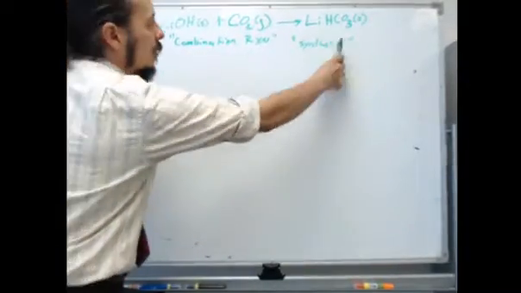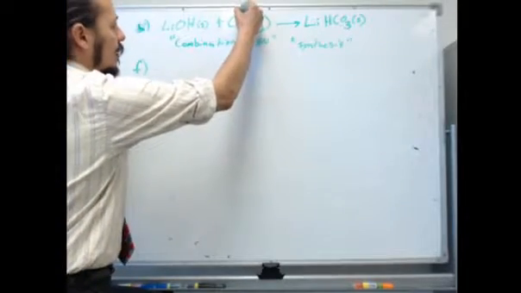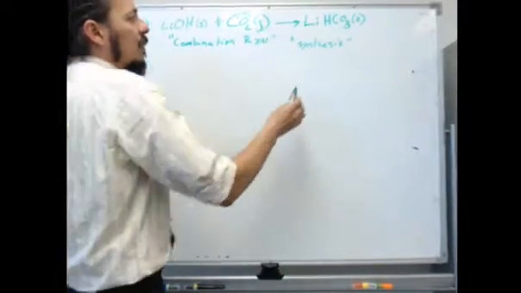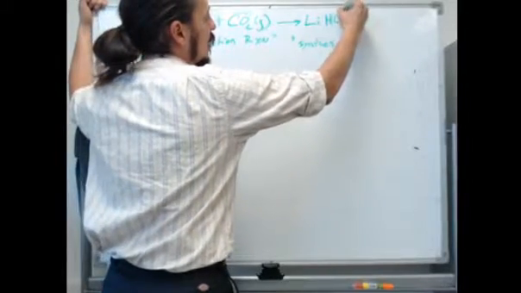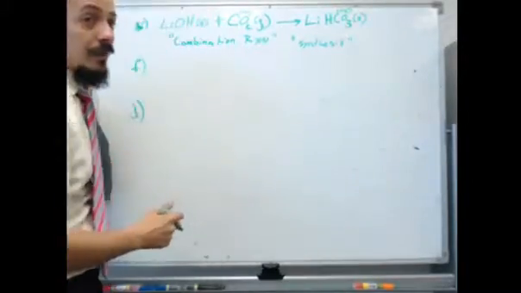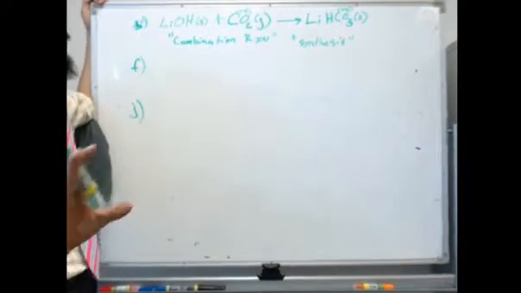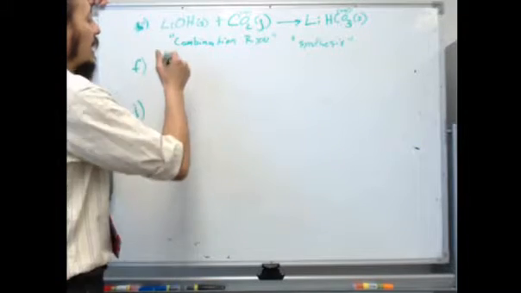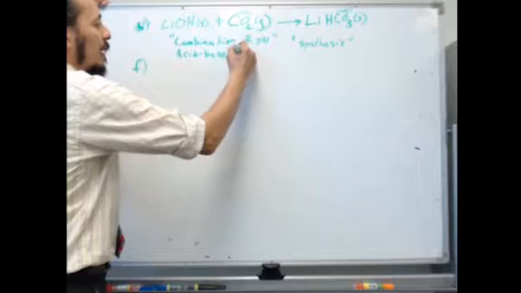Oxygen's -2 throughout. Carbon is +4 on both sides. It's not a redox reaction, and it's not a precipitation reaction. It turns out, and this would be tricky, the prompt doesn't even ask us to do this, that this is a weird acid-base reaction.